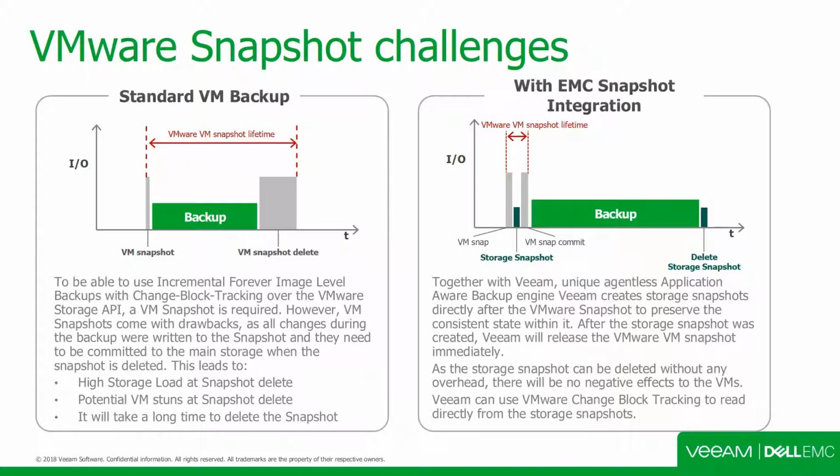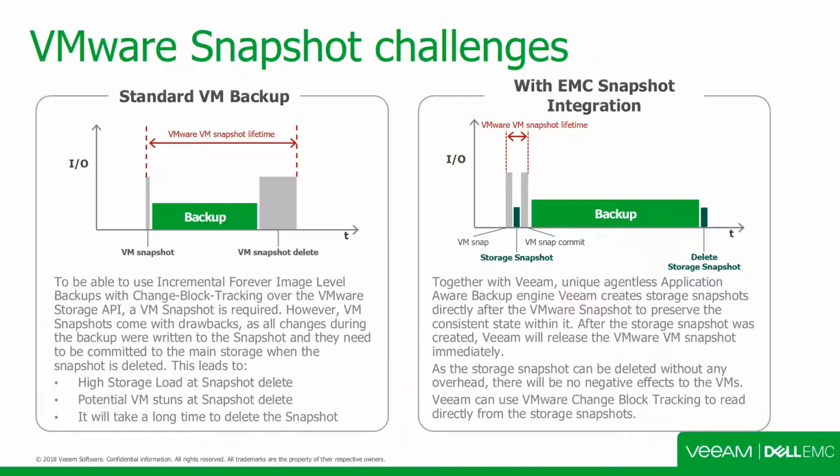What happens is that snapshot delete process can stun or cause a little bit of sensitivity around the applications. Maybe you get a very small momentary period of idleness on that application. You can see that denoted by that red line across. The snapshot lifetime is quite long because we have to wait for the copy and paste process to finish to the target before VMware can close the snapshot off.